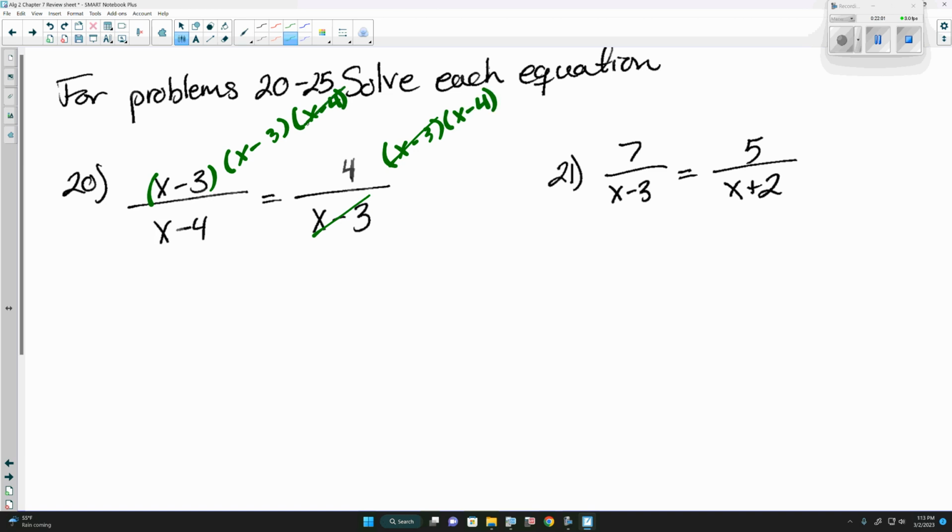It'll cause these two here to cancel. And after we do that, we don't have any denominators left, so we can go on and solve. So what we have left is x minus 3 times x minus 3 is equal to 4 times x minus 4.